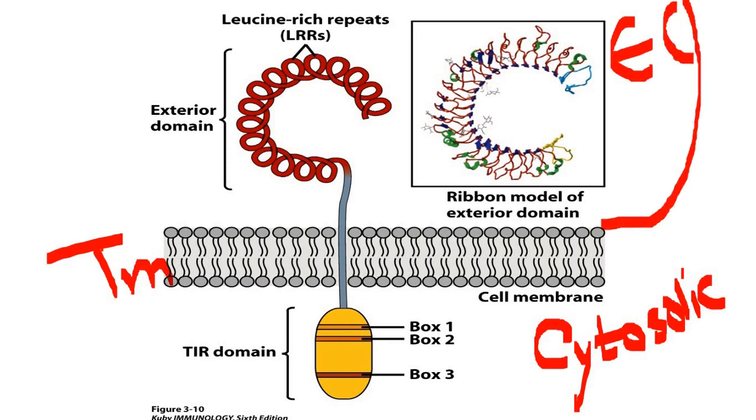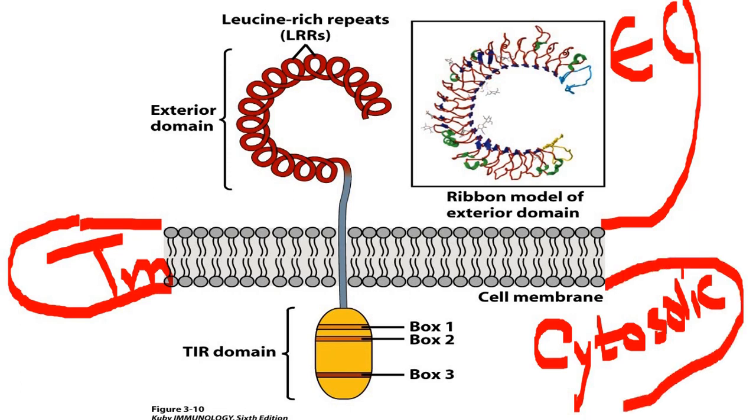This much is extracellular, this much is transmembrane, and everything below the transmembrane is cytosolic domain. So, extracellular domain, transmembrane domain, and cytosolic domain.